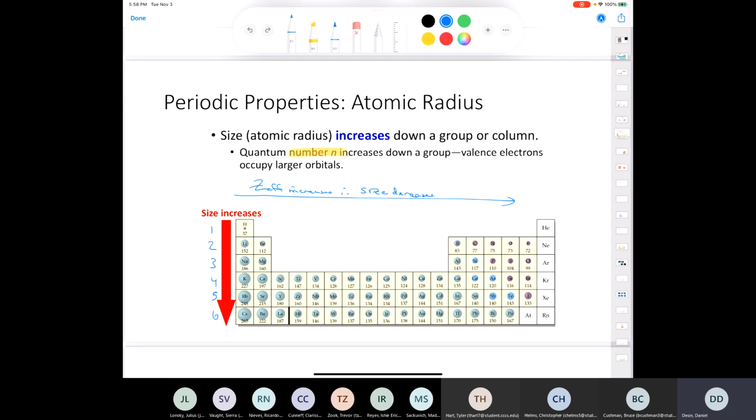Another way you could say this is periodic trends among the elements. The name of the chapter wasn't periodic rules carved in stone that there's no exceptions to. We're just looking in general terms. And generally speaking, as you go from left to right across the period, atomic size decreases. And definitely as you go down a group or a column or a family, whatever you want to call it, atomic size increases.